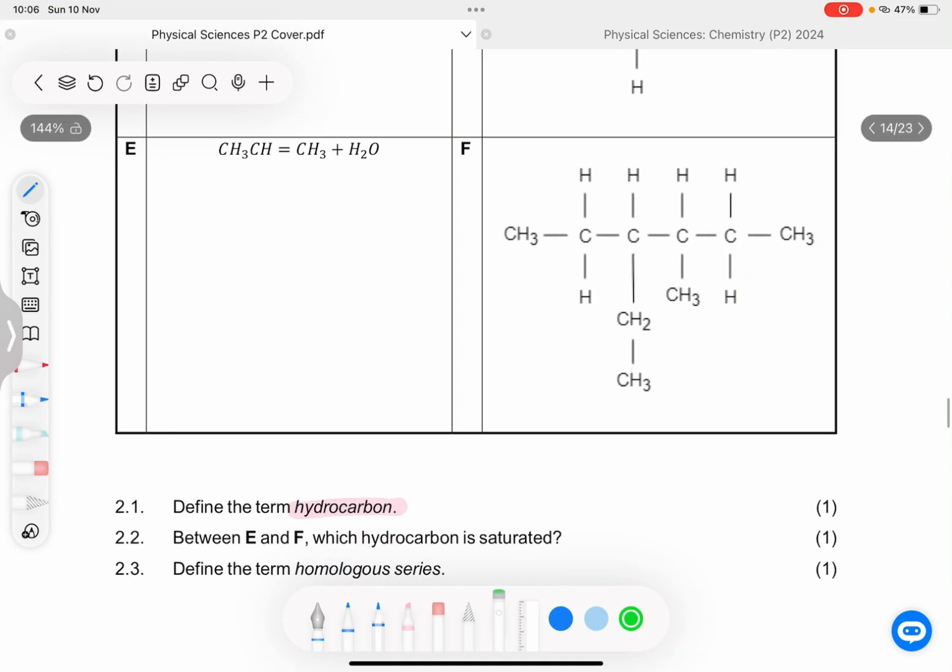Right, as simple as that. 3 marks, guys.